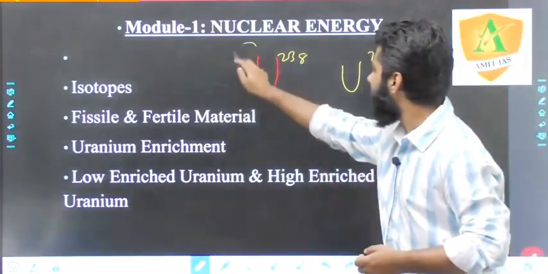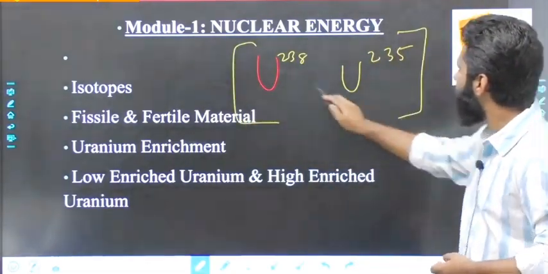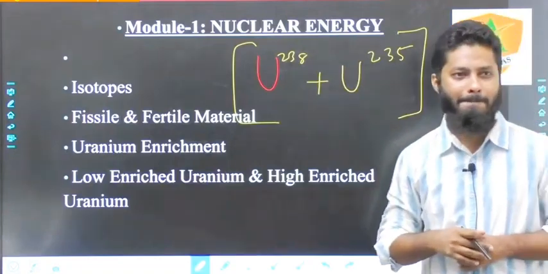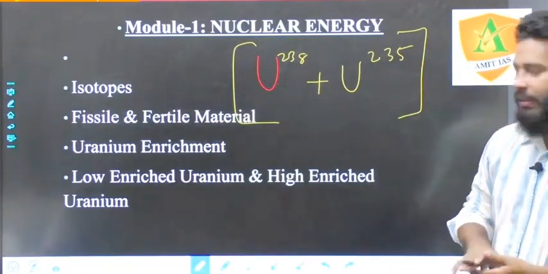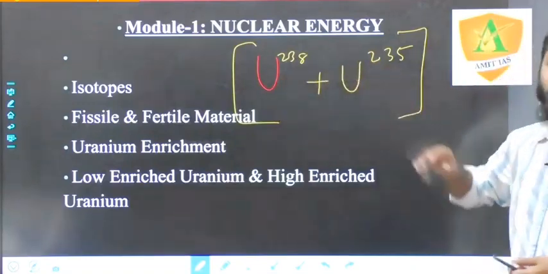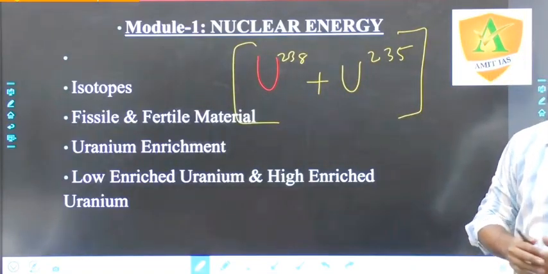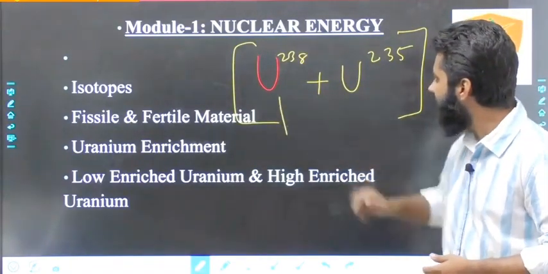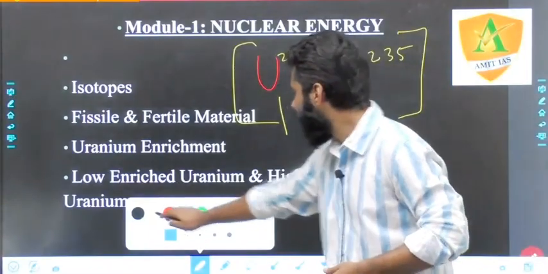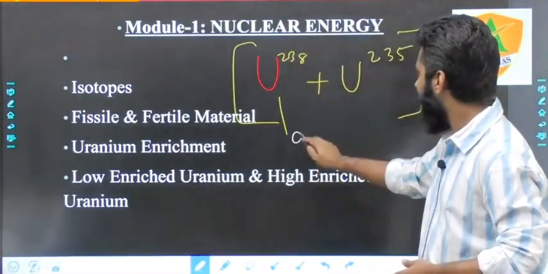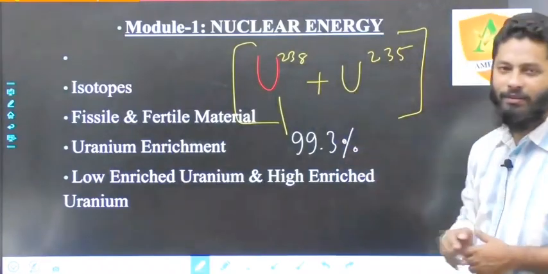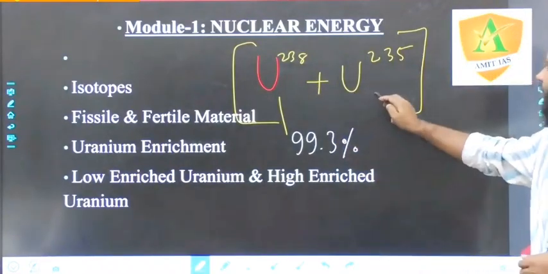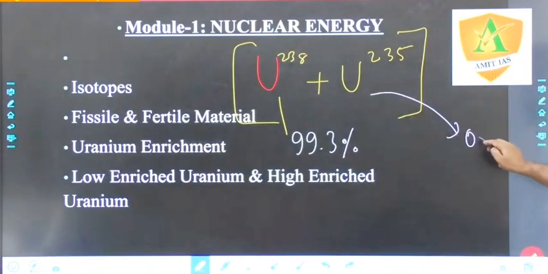So naturally occurring uranium will have these two isotopes combined. Whatever uranium we find in nature will have these two isotopes combined. And the percentage of uranium 238 will be 99.3%. And the percentage of uranium 235 will only be 0.7%.